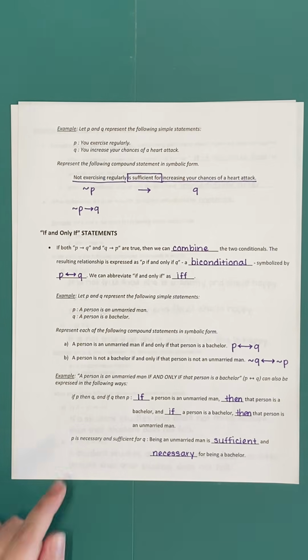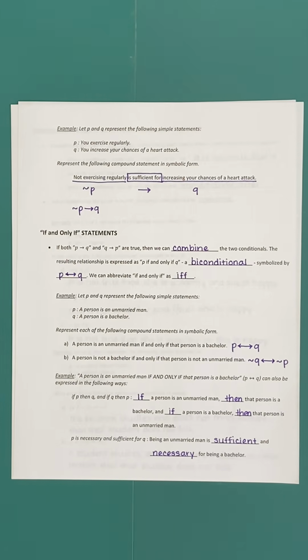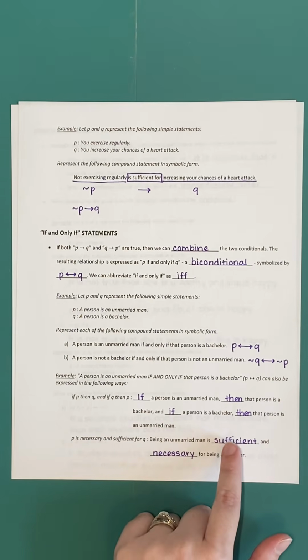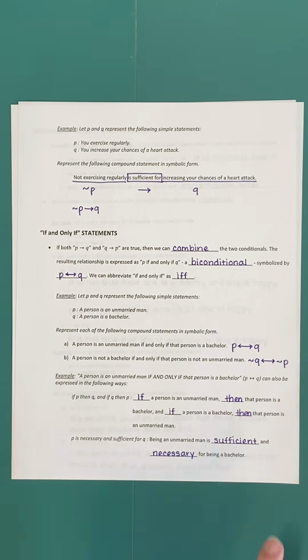Another way of saying this is P is necessary and sufficient for Q. The way we would word that here would be: being an unmarried man is sufficient and necessary for being a bachelor. Remember, sufficient and necessary defined what came before and what came after the conditional. Well, if any particular statement is both sufficient and necessary, remember the sufficient condition comes before the arrow, the necessary condition comes after the arrow.